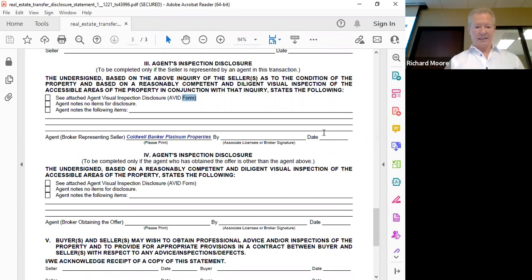Would they have a valid argument if they were to say, we provided you what we received and that should suffice, we're not going to give you another one? Well, I think we can make an assumption, the reload company is going to say on their TDS, we know nothing about the property, never occupied, and that should put the buyer on notice.